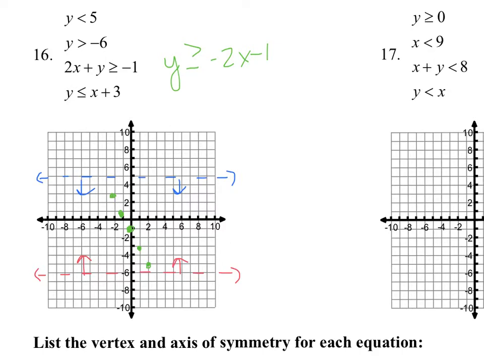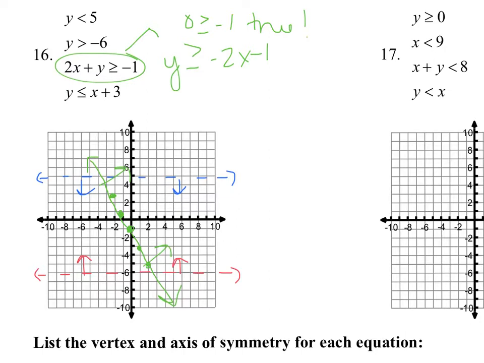Okay. And since this is greater than or equal to, we're going to use a solid line. Then test the point 0, 0 in the original inequality. So 0 is greater than or equal to -1 is a true statement. So you want to shade to include the point. So we're going to shade to the right of the line.